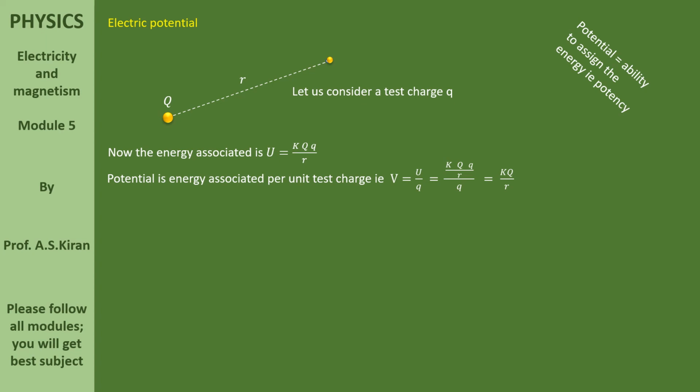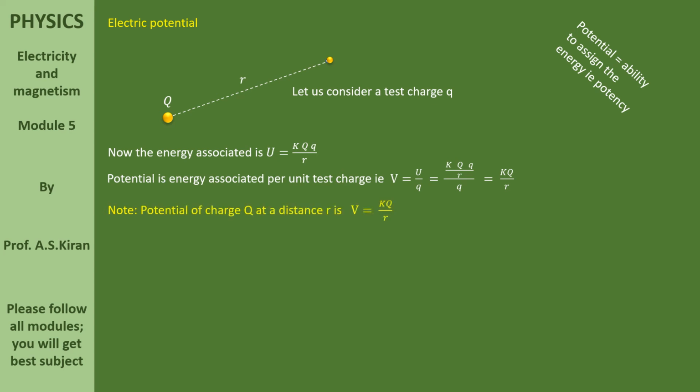Don't get confused with big definitions. Potential is the energy associated per unit test charge. Its unit is volt. So V equals U by small q, the net energy per unit test charge. What do we do per unit? Divide by small q. That is K, Q, small q by r, by small q. Simplifying that, you get KQ by r.